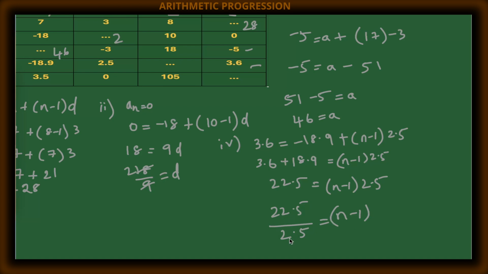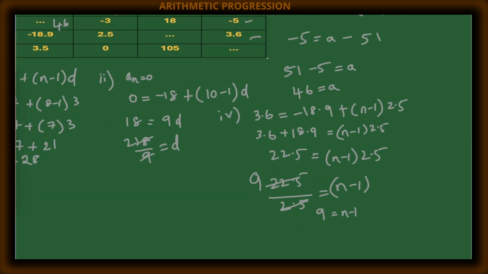Does 2.5 go into 22.5? Yes, 9 times. So it goes 9 is equal to n minus 1. Bring this minus 1 here, it becomes plus 1. n is equal to 9 plus 1, which is equal to n is 10. Okay, so we got 10 here. Okay, so let's solve the last one.